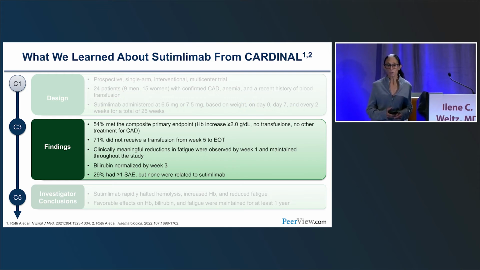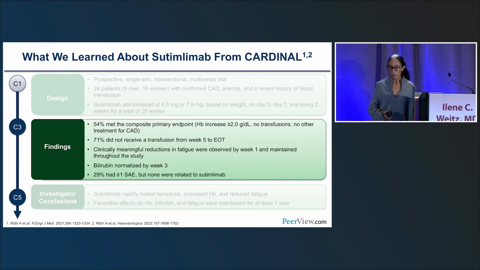71% did not receive a transfusion from week 5, so it does take a while for the patients to be loaded with the drug, so from week 5 until the end of treatment. So again, meaningful reductions in fatigue were observed within a week, and that really correlated with the suppression of complement activity, with the Wieslab score.